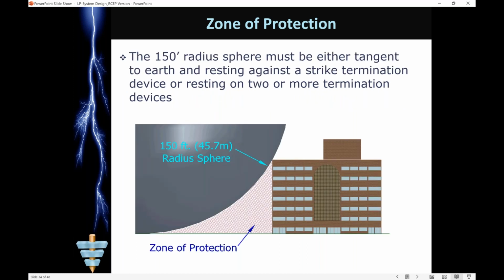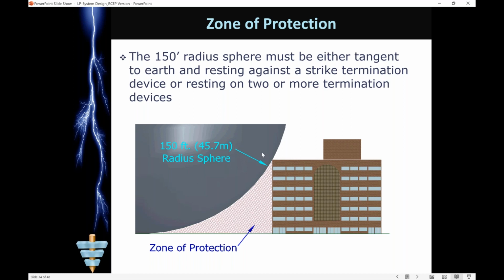So this is probably a little bit better picture. Here's our ball that's 150 foot in radius, a sphere. Here's the building that we're trying to protect, and we have a strike termination within 24 inches of the corner of this structure.